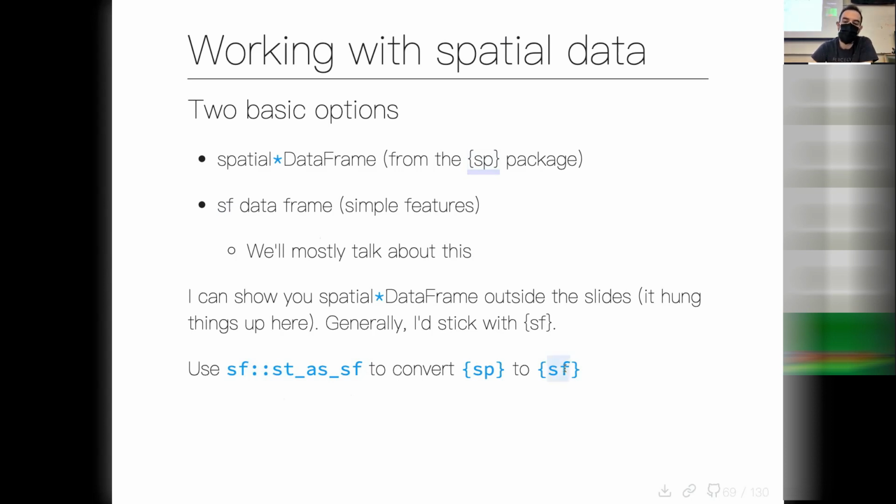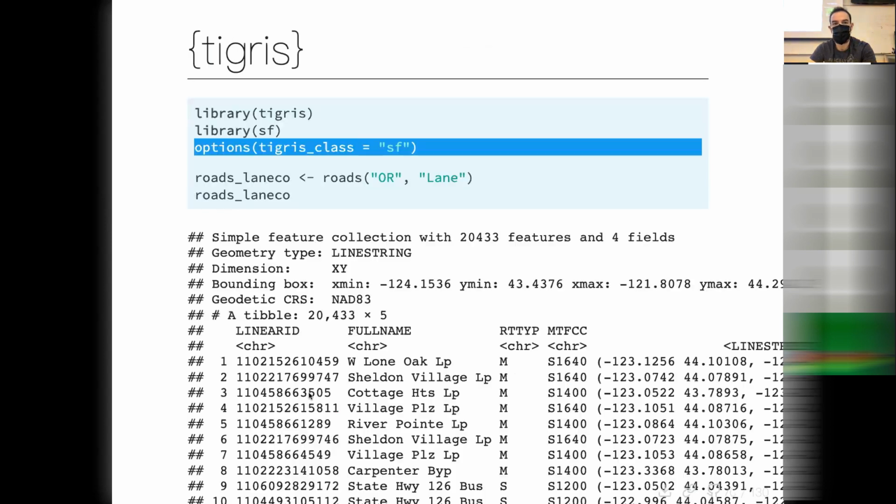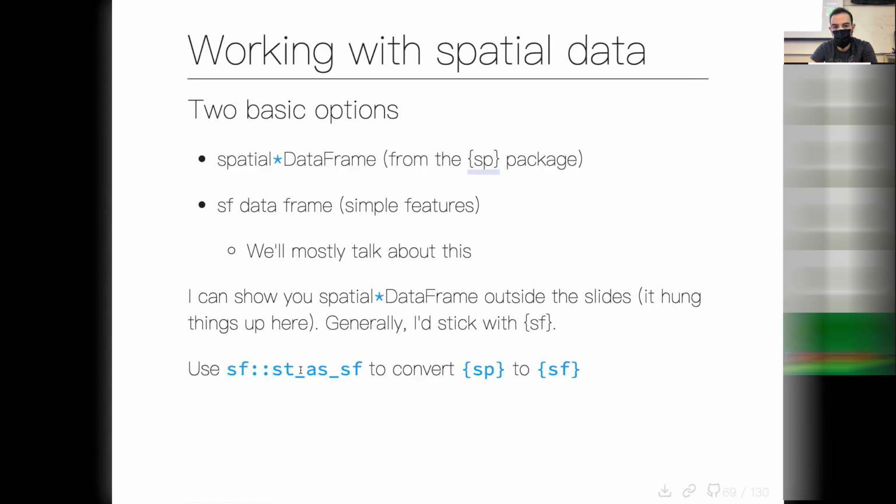But in the SF package, almost all of the functions start with st, okay, st underscore. And so we're just saying as_sf. So we're taking this SP object, like a spatial polygons data frame, spatial lines data frame, spatial points data frame, and we're just changing it to an SF object.